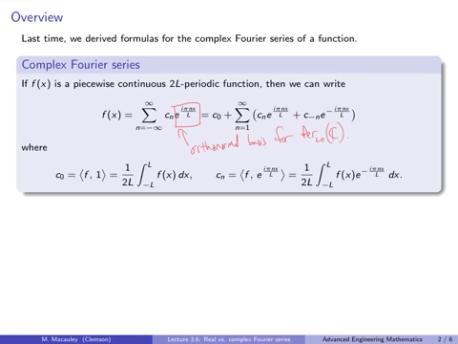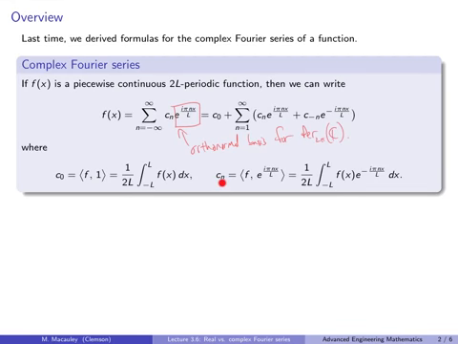So we derived formulas for the coefficients. Because this is an orthonormal basis, each of the coefficients is just what we get when we project f onto that corresponding basis function. So C naught is just the inner product of f with 1, the projection of f onto 1, which is 1 over 2L times the integral from negative L to L of f of x dx.